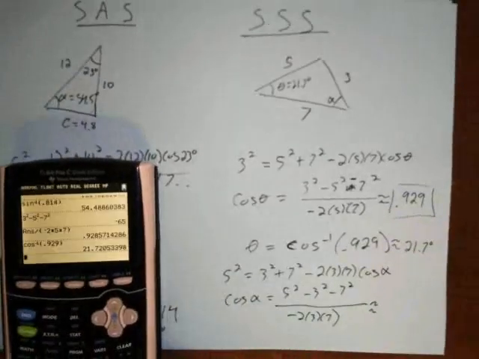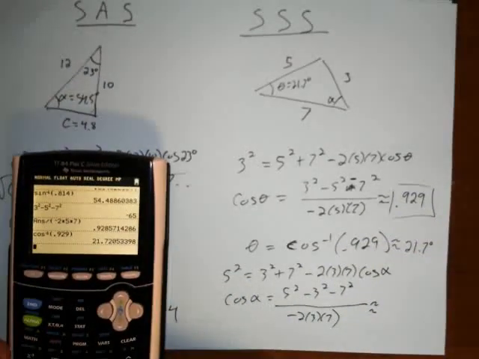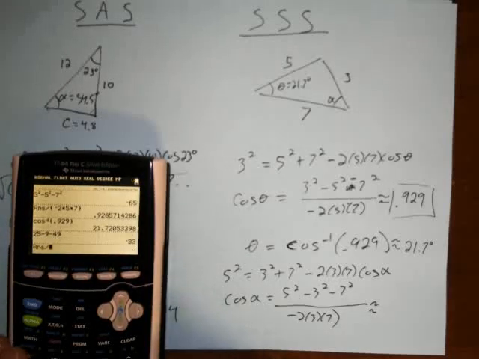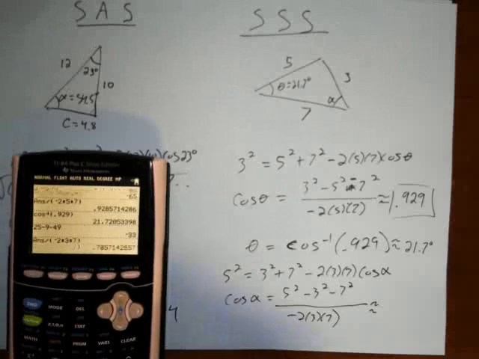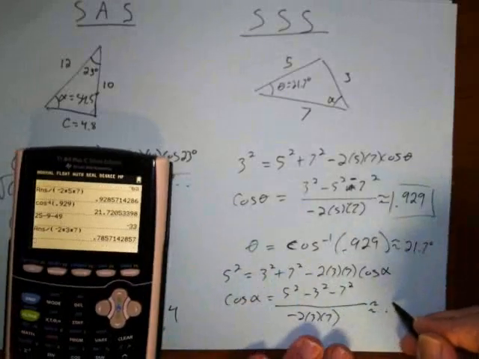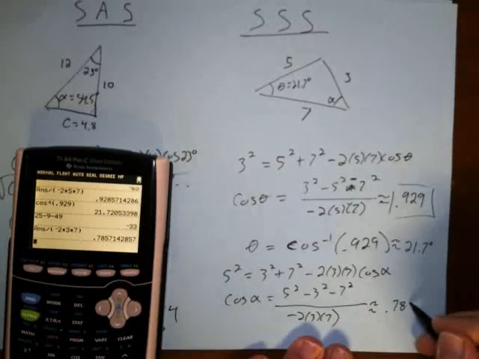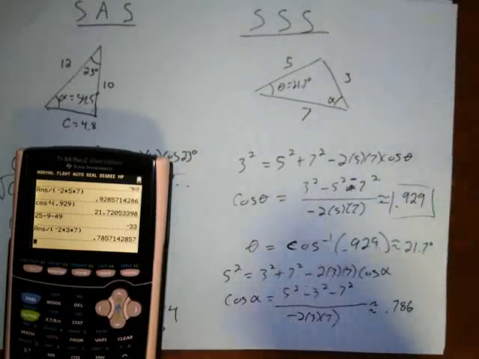So I get 25 minus 9 minus 49, divided by negative 2 times 3 times 7, and this is about 0.786 if I round to 3 decimal places.